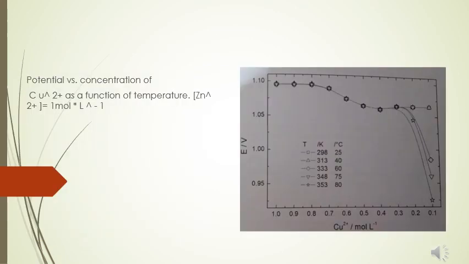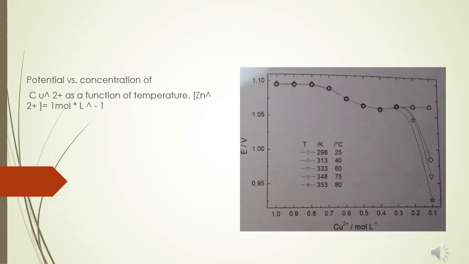This figure shows the cell potential of the Daniell cell at different temperatures as a function of only copper concentration. According to this figure, the cell potential shows three well-marked regions of concentration for all temperatures. The first, from 1 to 0.8 mole per liter, shows no variation in cell potential regardless of temperature.